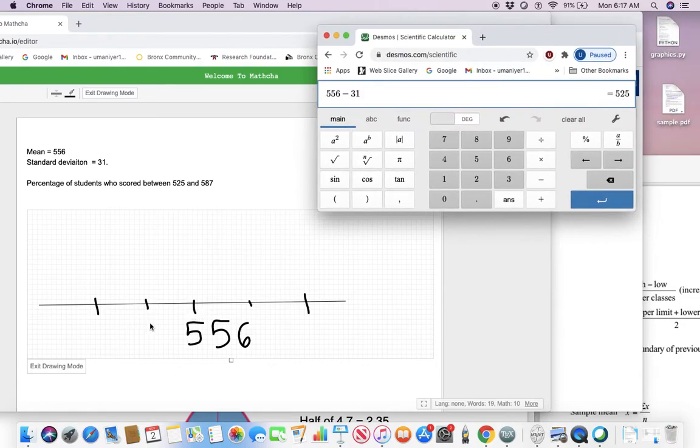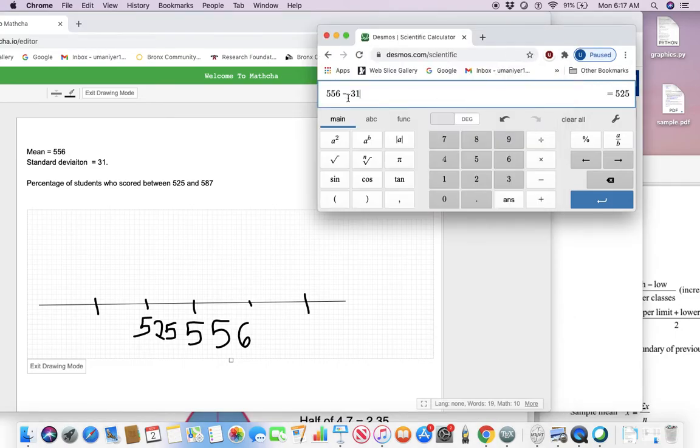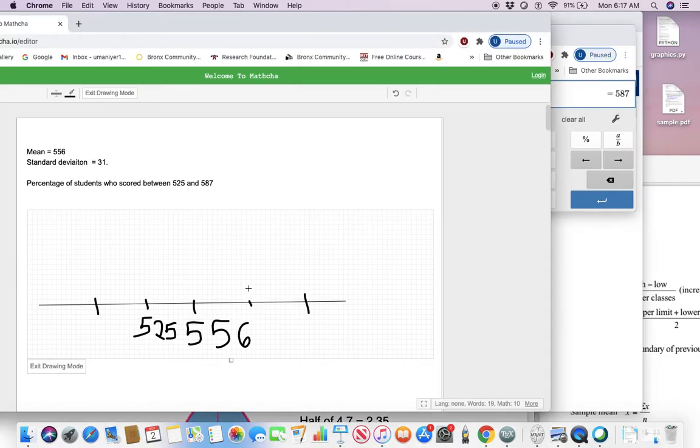So 1 standard deviation to the left is 525. Let's take the mean plus 31 on this side. So 556 plus 31, that's 587.